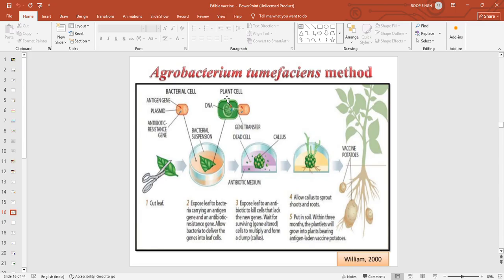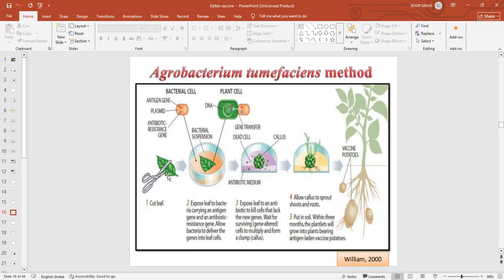So this is the Agrobacterium tumefaciens mediated method. This is the bacterial cell. The first step is to identify a highly immunogenic antigen from a particular bacteria, E. coli or Salmonella or any other. And then introduce that into agrobacterium.